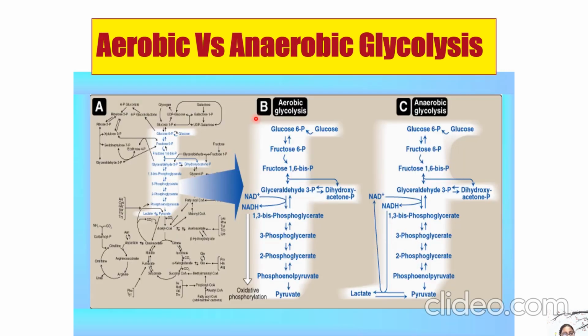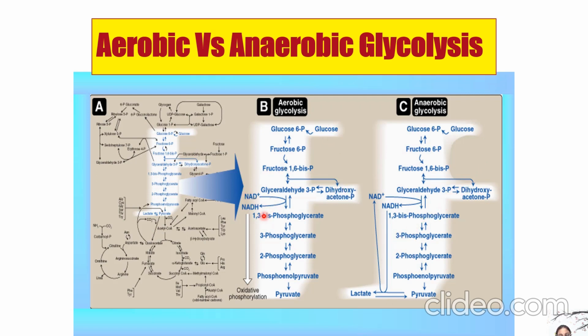So if you check these mechanisms, this is aerobic glycolysis, this is anaerobic glycolysis. This is basically the process of glycolysis which ultimately leads to the Krebs cycle. But if you are focusing on only glycolysis, most of it is the same.